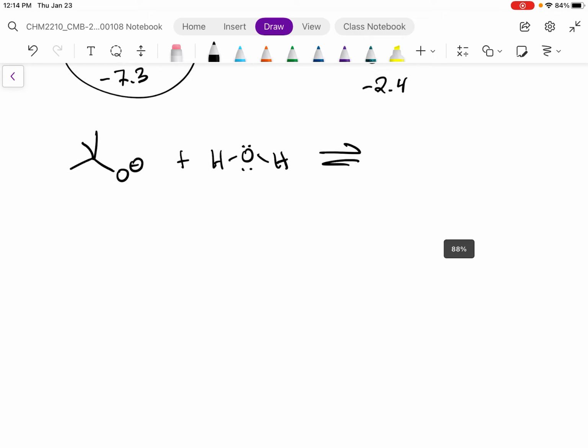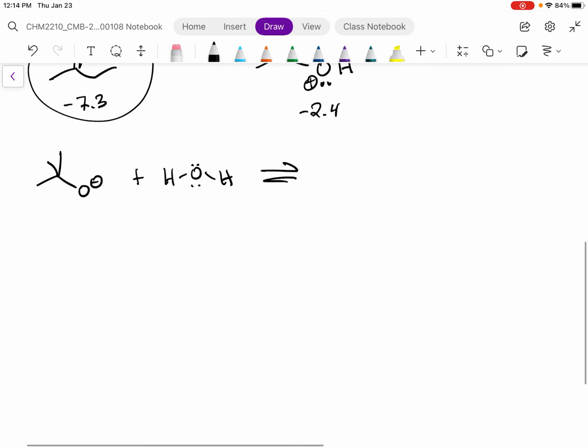What are the products going to be when you take those 2 species and add them together? Well, you first need to identify which is the base and which is the acid. And bases typically have a negative charge or a lone pair. So we see lone pairs there. So that could act as a base.